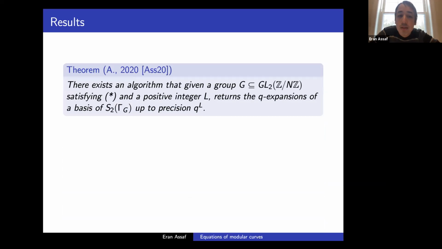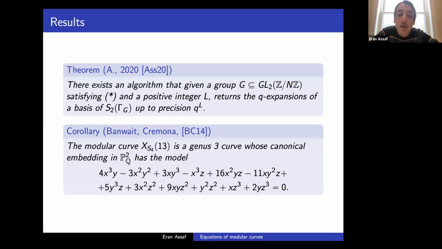Okay, so our result is that one can do that by working explicitly with modular forms on your group. This is done by using the theory of modular symbols specialized to this subgroup. As a corollary, one can obtain equations for some modular curves, most of which were already known.